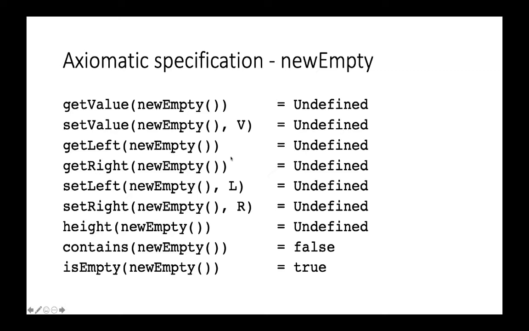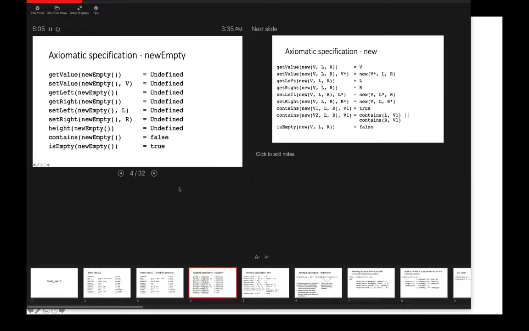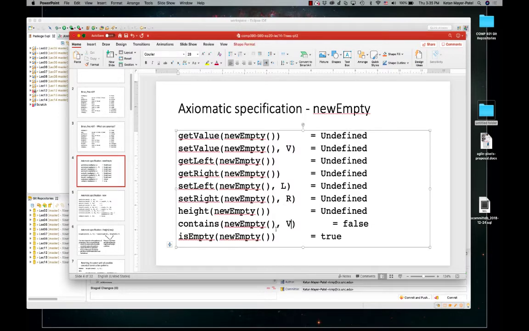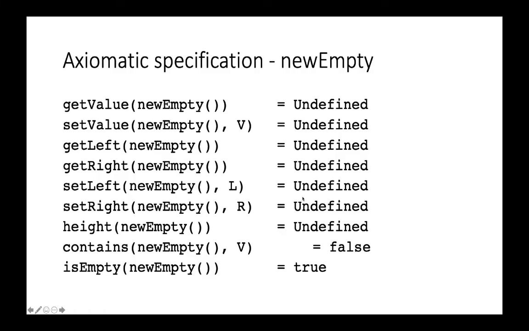I'm missing a parameter here. Contains needs to take a value. Sorry about that. Right? And so, that's not for nothing, right? That can be a useful operation. And we'll see how and why. But is empty, that's a useful thing that a tree can say. An empty tree can answer that question correctly, right?